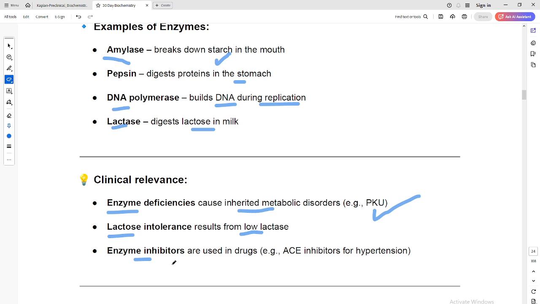Enzyme inhibitors are used as drugs. ACE inhibitors are used for treating hypertension. ACE stands for angiotensin converting enzyme.